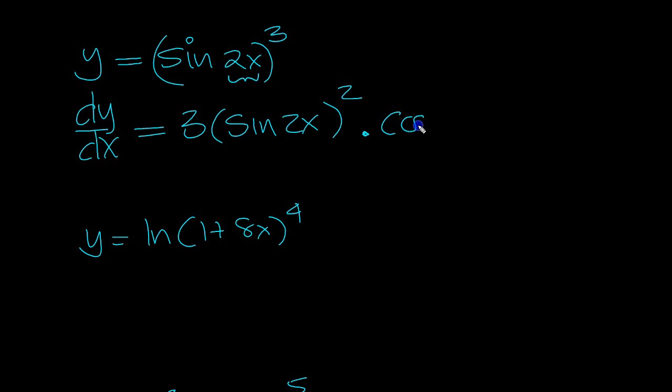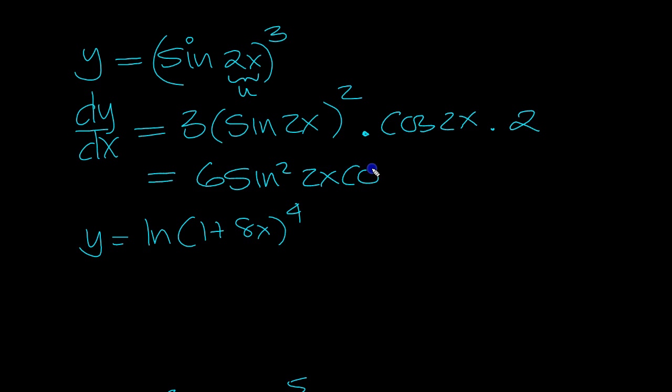And that differentiates to cos of something, multiplied by the something differentiated, which is 2. So did you see how we unraveled it? And now we've got 6 sine squared 2x cos 2x.